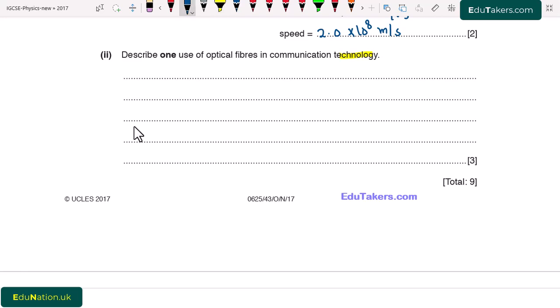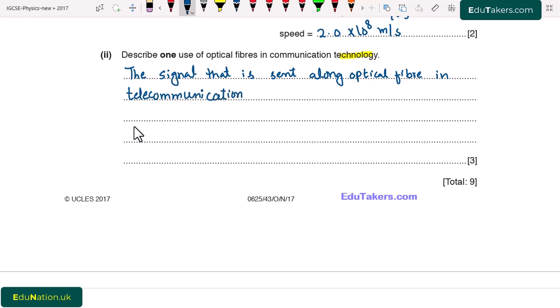So I write here the signal that is sent along optical fiber in telecommunication system is in the infrared region of the electromagnetic spectrum. Here is the electromagnetic spectrum.